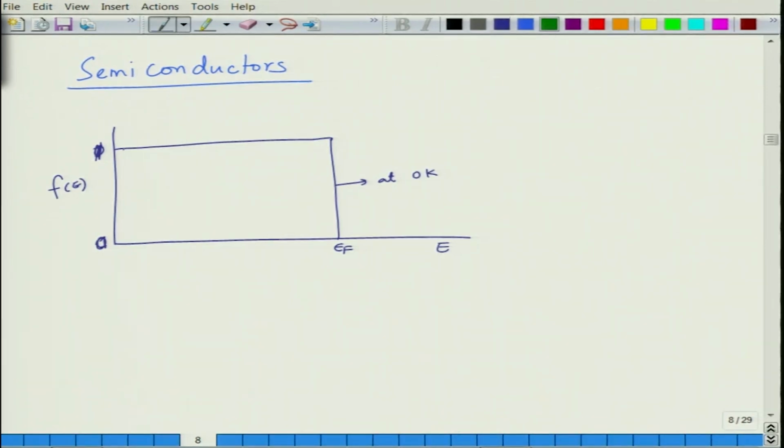As you increase the temperature, the curve becomes asymptotic around Ef at around 0.5 value, and electrons move from the lower part to the upper part. In metals, you can say, we have continuous bands.